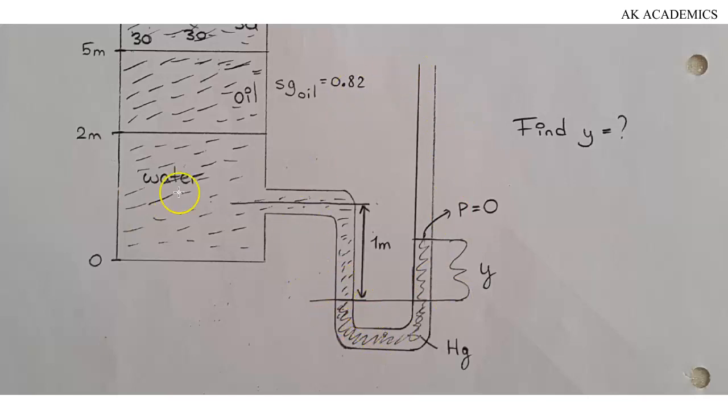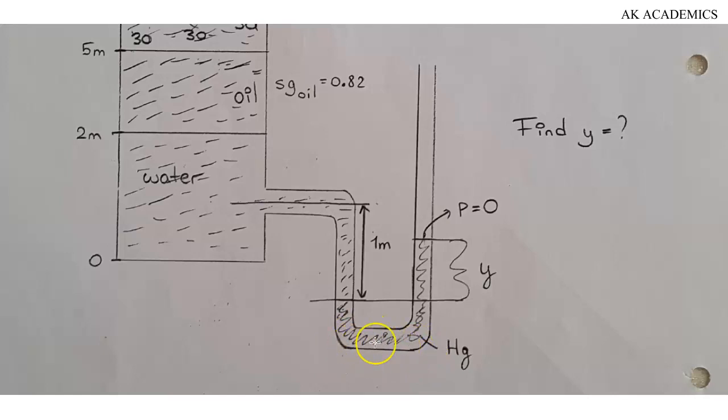You will see that the height of water in the manometer is 1 meter as given here. Okay, and as you can see, water will be flowing down. If water is flowing down, it simply means that the pressure of water in the manometer is going to be positive. Again, we have mercury right at the bottom. Because they are immiscible liquids, they will not mix. So they will be separated in their various compartments.